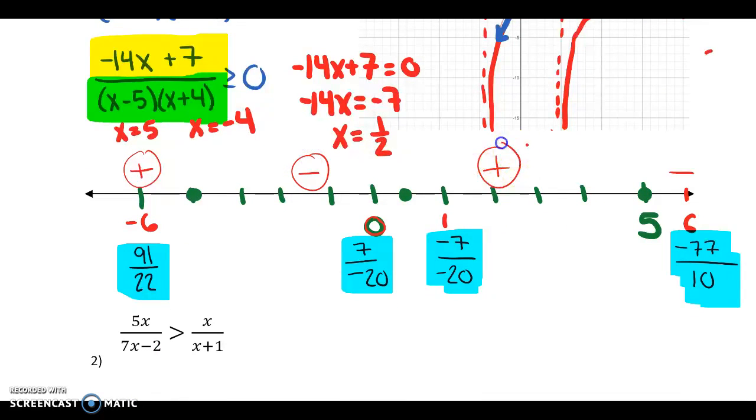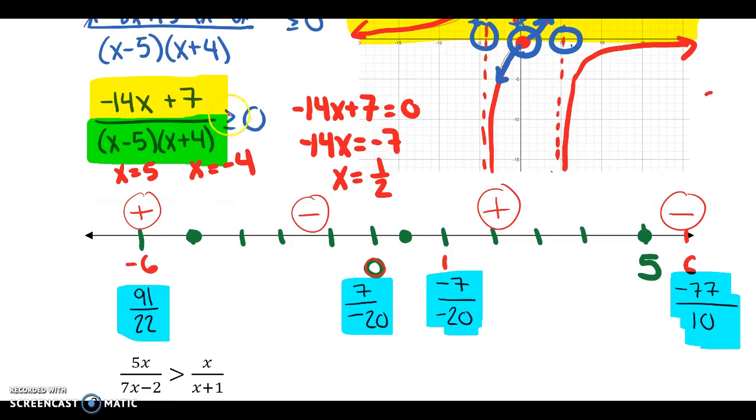So these signs represent my y values being positive or negative, which tells me is the inequality greater than 0 or less than 0 here. Now, ultimately, I wanted all the values where this function, if you remember our original problem, was greater than or equal to 0, which means the ones that are above the x-axis.